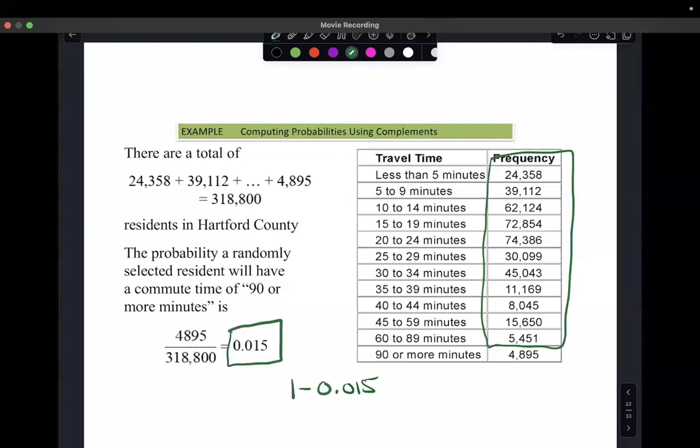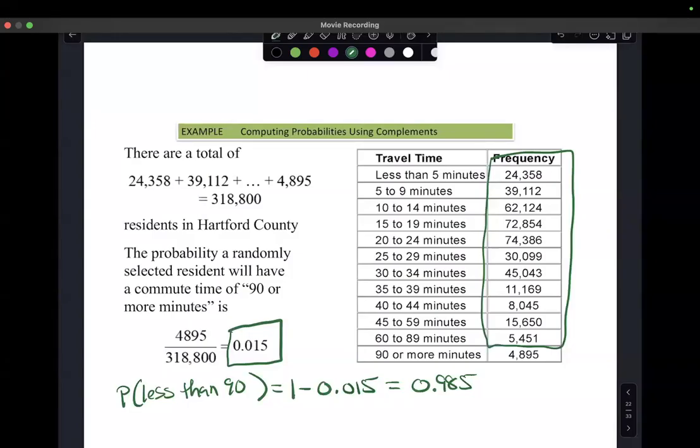So I'm going to write this down. Probability less than 90. I'm not going to write minutes out. So that would be 0.985. It just makes sense to subtract it from the 100% or from 1 rather than figuring out all the other ones and adding them together.